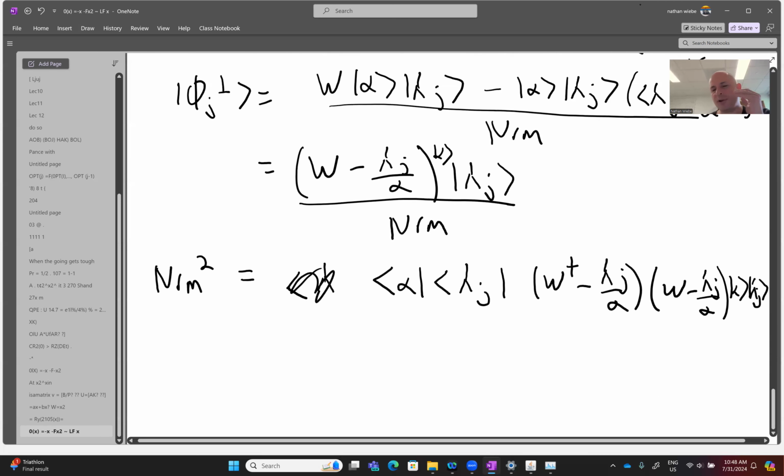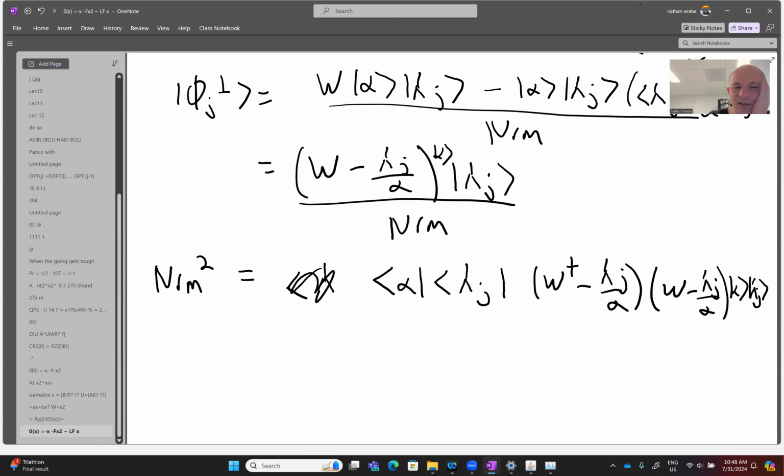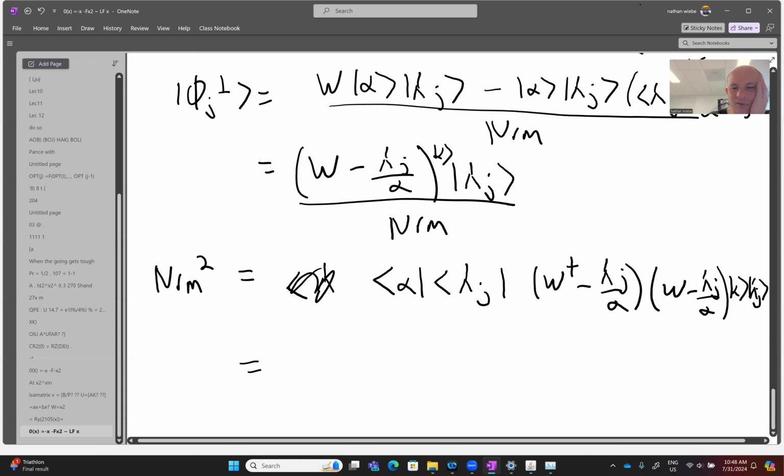So cross multiplying, we end up getting that this is equal to 1 plus lambda j squared over alpha squared minus 2 over alpha.